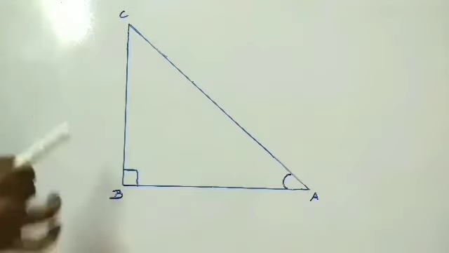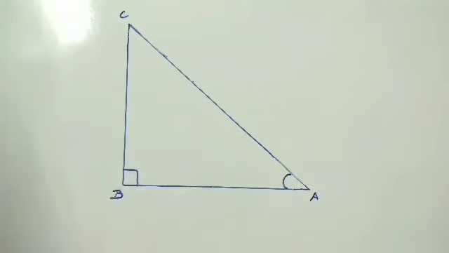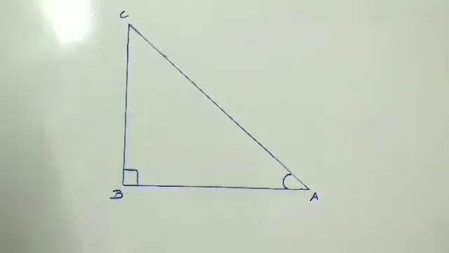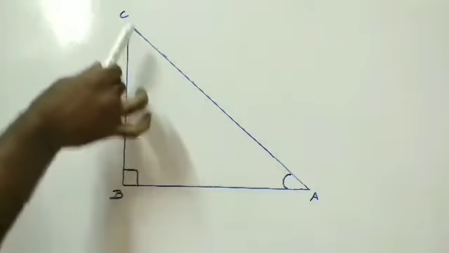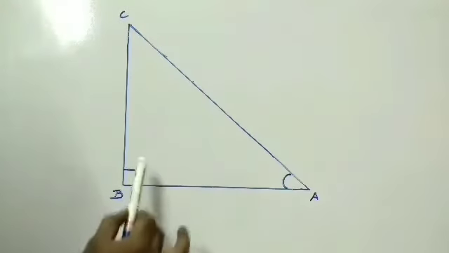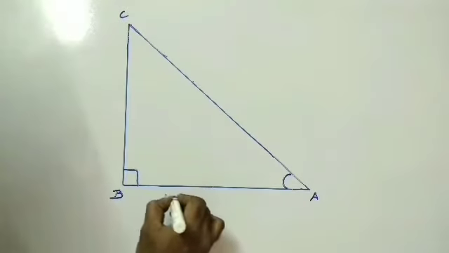And another vertex, we can put C. So it is a slant line. So AB, the vertical portion BC, and the slant portion CA. Now listen carefully. The side between an angle and the right angle is called the adjacent side.